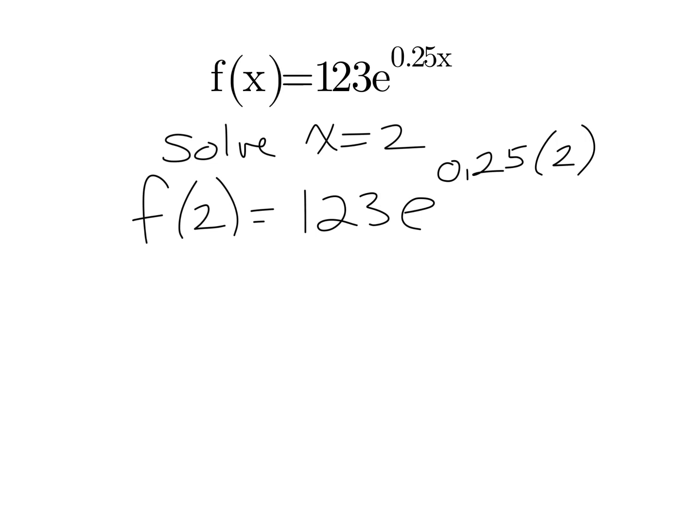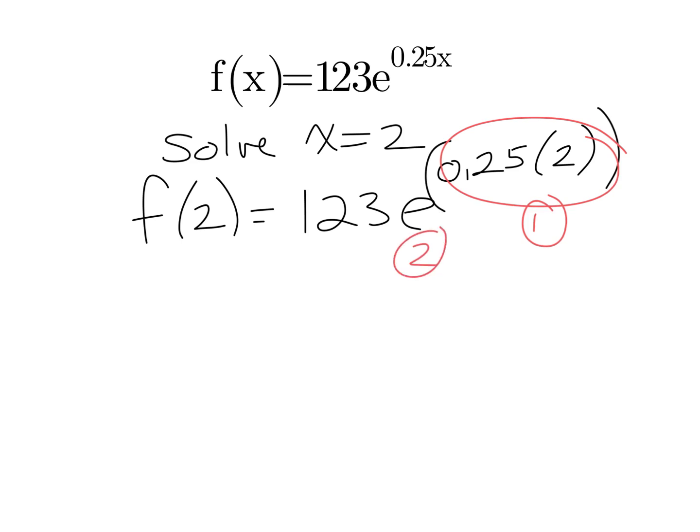But what students will often do is proceed with grabbing the calculator, and they'll start 123 times e raised to the power of 0.25 and then times 2. So instead of following the order of operations and realizing that you are raising e to the product of 0.25 times 2, in fact what they should be doing is, this would be your first operation where you're multiplying 0.25 times 2.